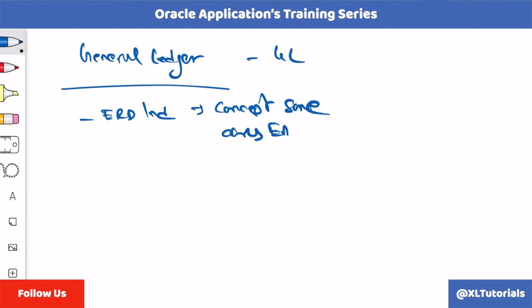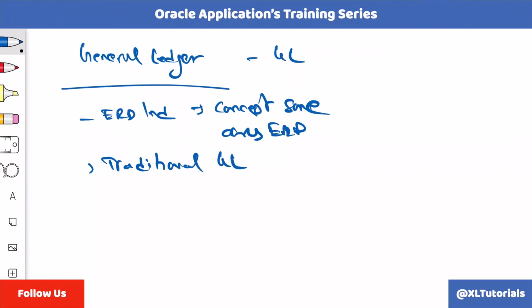So even though the look and feel might change, for example, Oracle GL might look totally different from a Microsoft GL or a SAP GL, the overall concept and the overall positioning or functioning is more or less similar, right? And not very different from the traditional GL that we have understood.